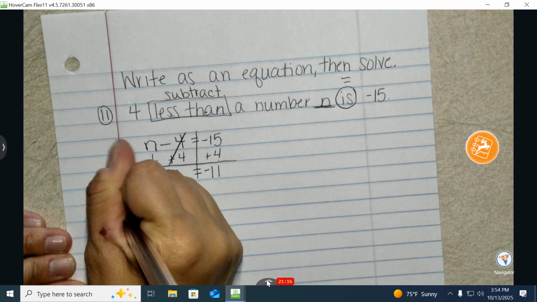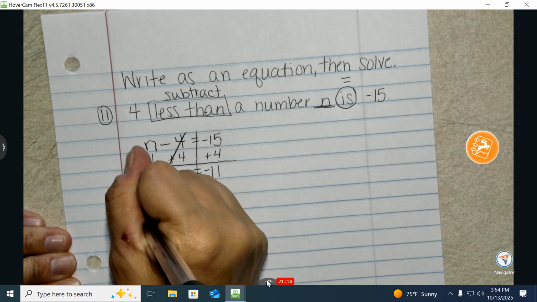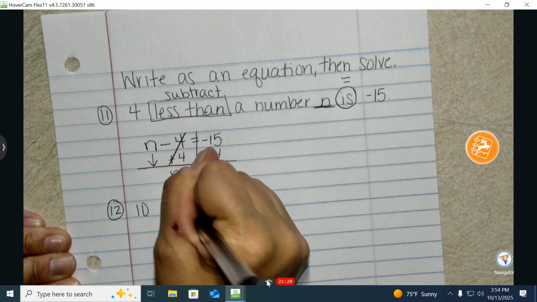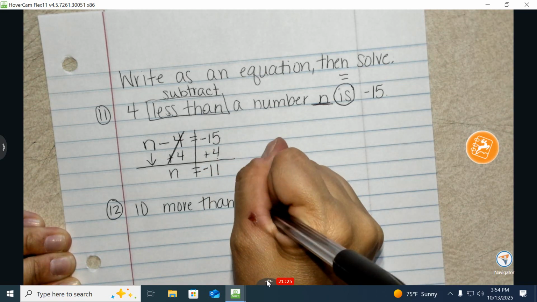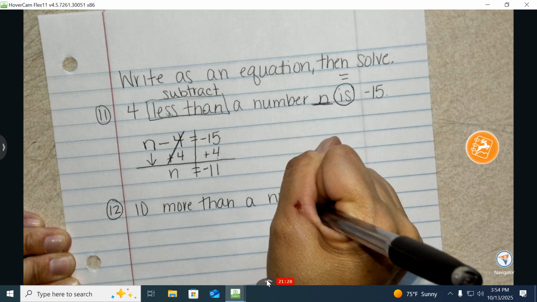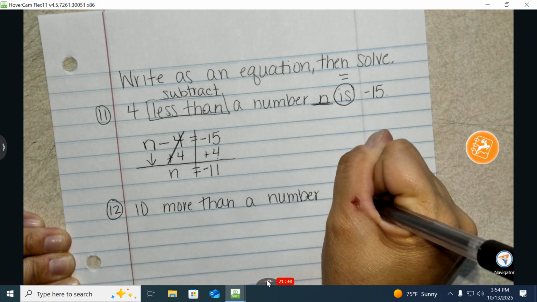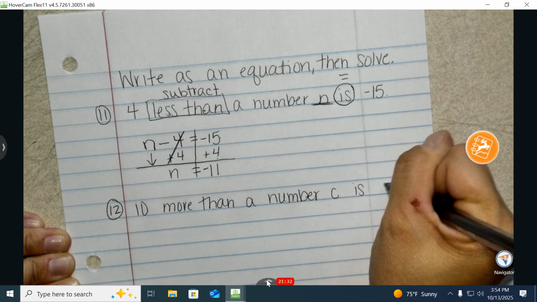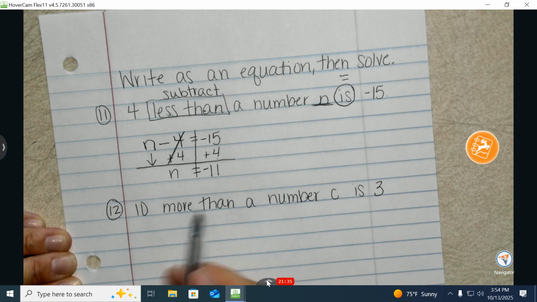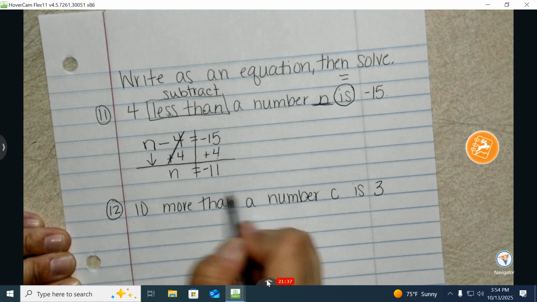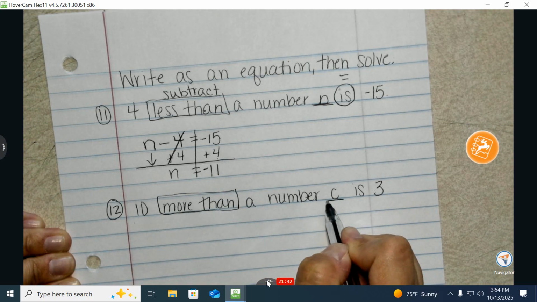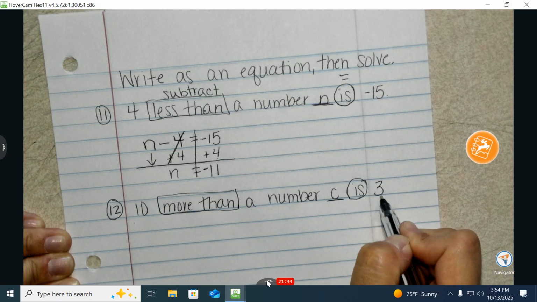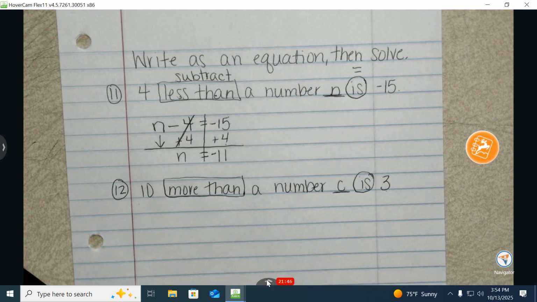Number 12. 10 more than a number c is 3. So these are the key words that are helping us decide what this equation is.